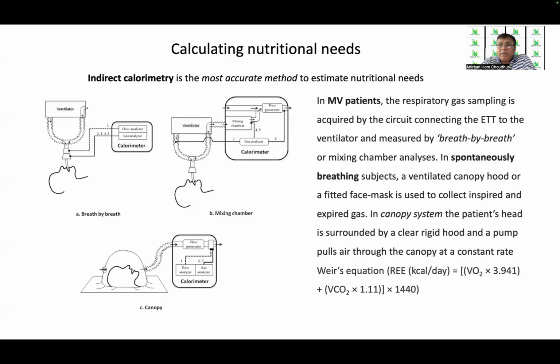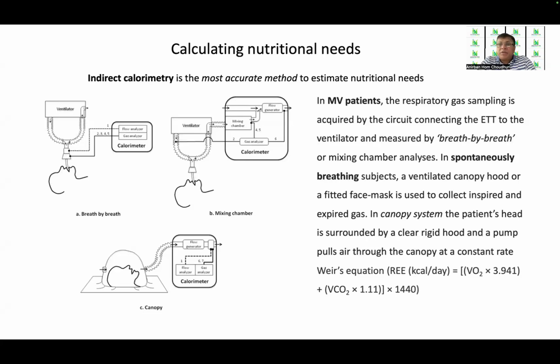So what they aim to determine is the oxygen consumption and the carbon dioxide production. Since both oxygen consumption and carbon dioxide production are a function of the metabolic processes of the body, they can be used to calculate the energy expenditure, which is also termed resting energy expenditure.